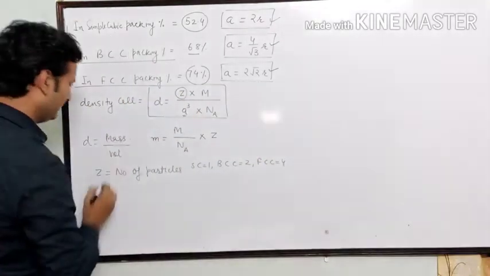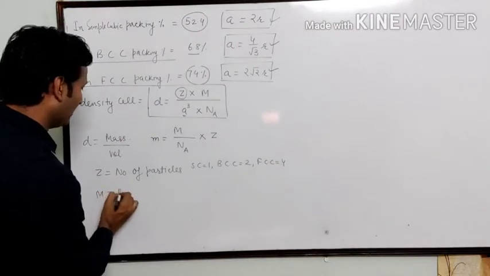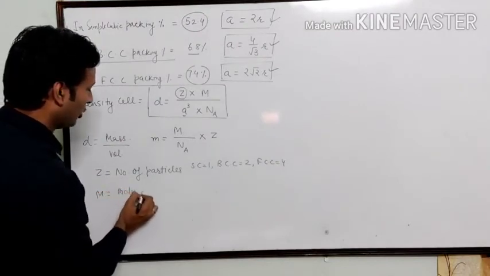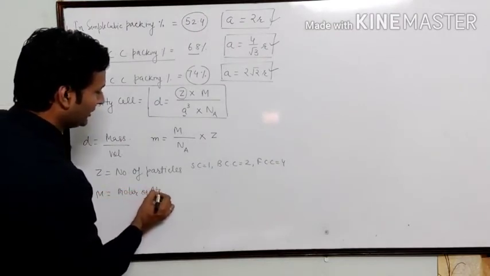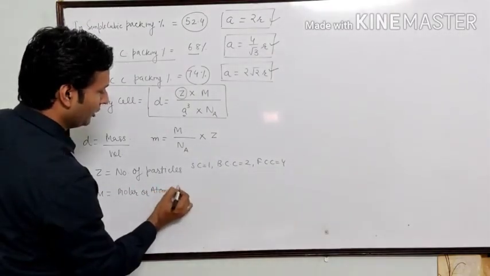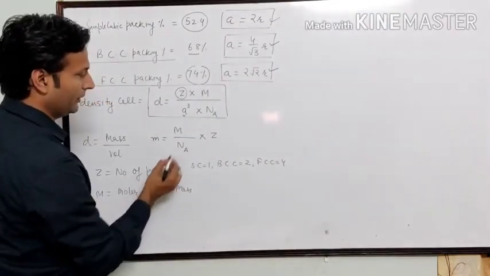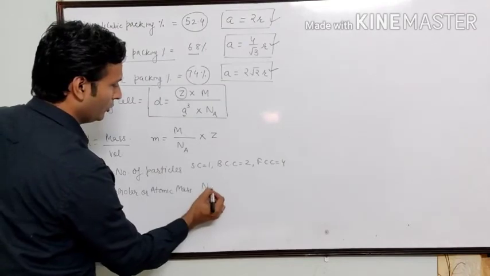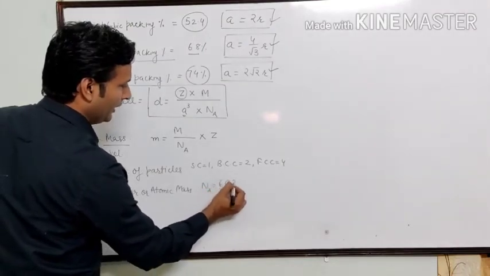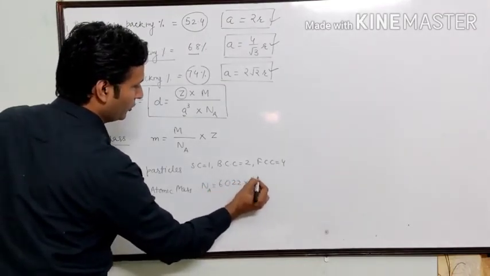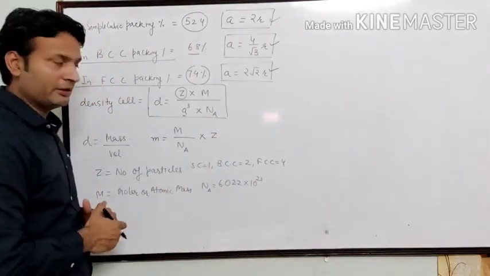And what is M? M is considered as molar mass or atomic mass. If you are talking about an atom, it will be atomic mass, and if you are talking about a molecule, then molar mass. NA, as you know, is Avogadro number and its value is 6.022 into 10 raised to power 23.